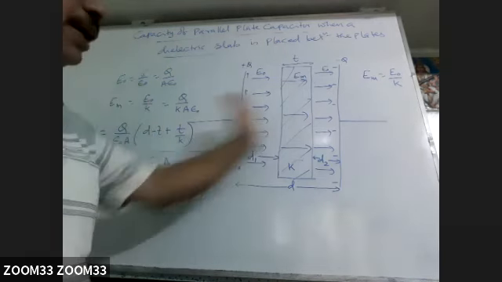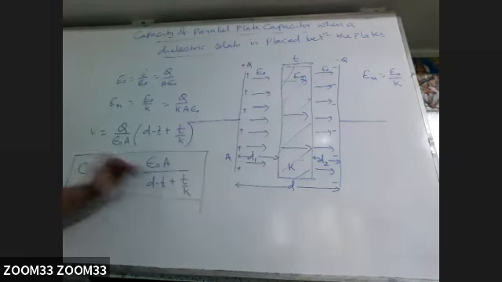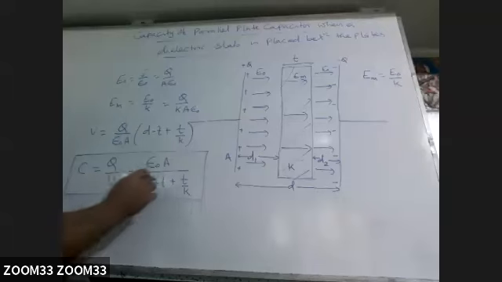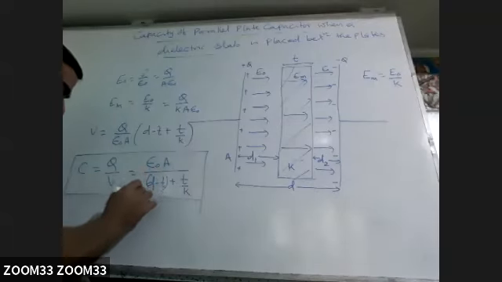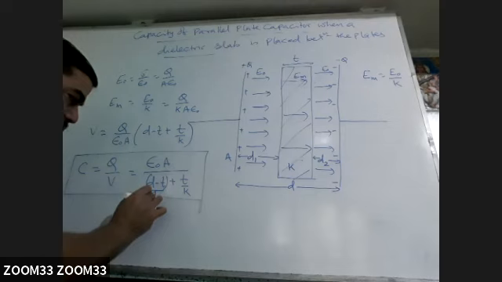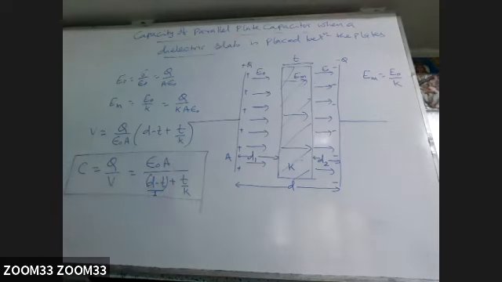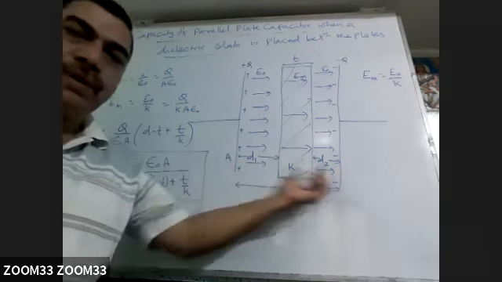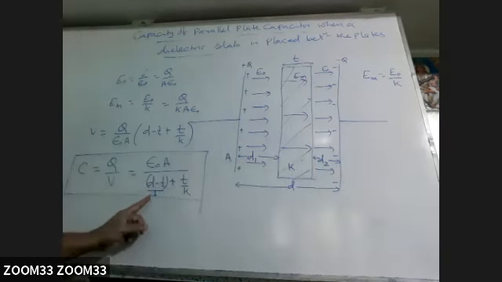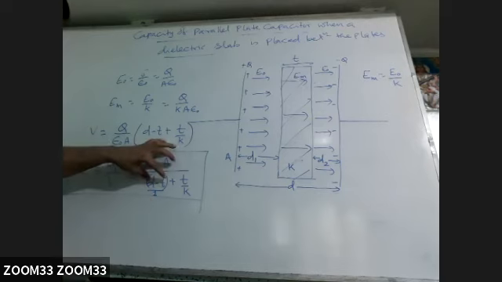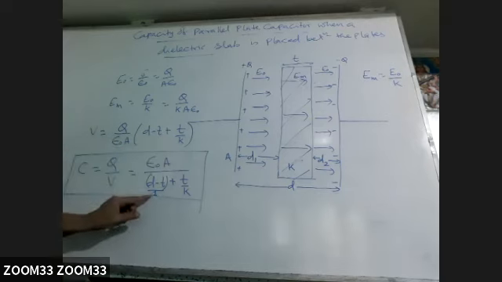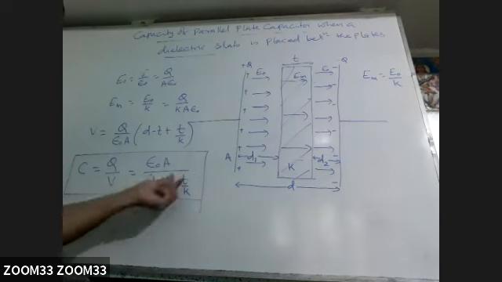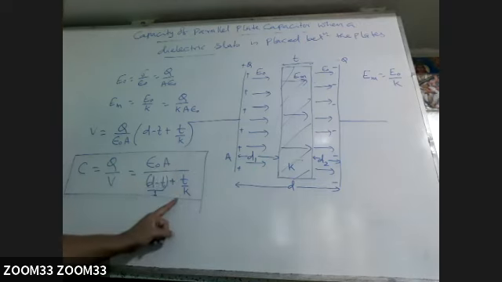Now suppose many slabs are inserted. Now you see this formula, I will recall it. This is D minus T divided by 1, that is, the thickness of air is D minus T and the dielectric constant of air is 1. So whatever the thickness of air, divided by the dielectric constant of that, and whatever the thickness of a plate, divided by the dielectric constant of that plate.